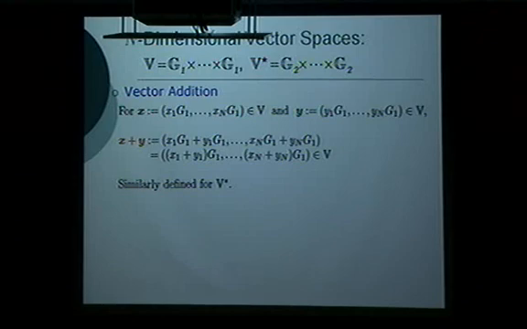So this is addition for the group addition. Then this is also an n-tuple of group 1. It means this is also an element in this space. So we can define addition on this space, and similarly we can also define addition for V star.